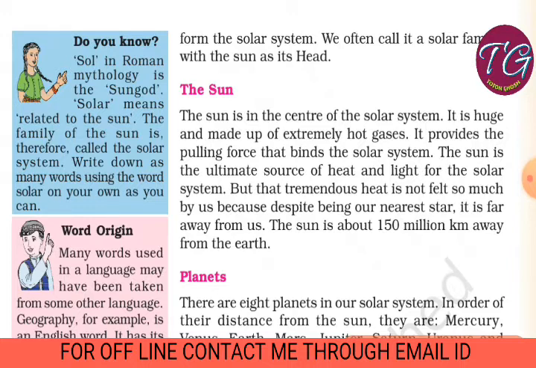The sun is the ultimate source of heat and light for the solar system. But the tremendous heat is not felt so much by us. Why? Because despite being our nearest star, it is far away from us. The sun is about 150 million kilometers away from the earth.